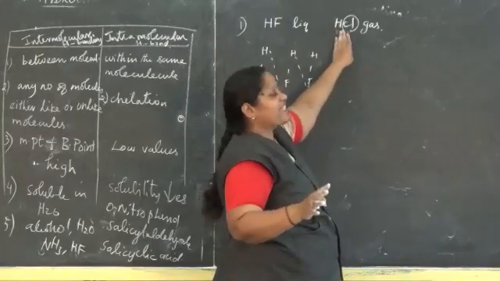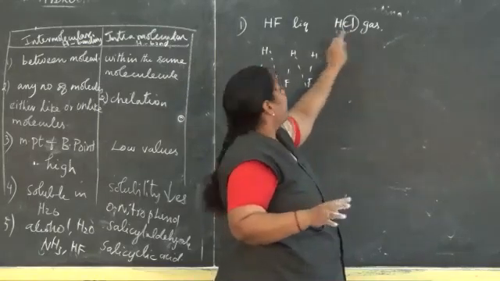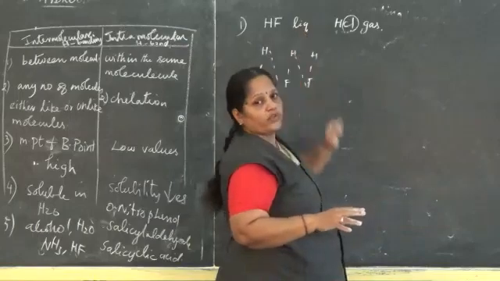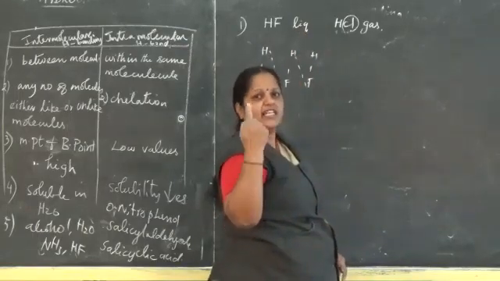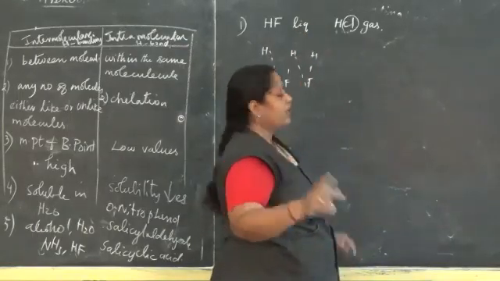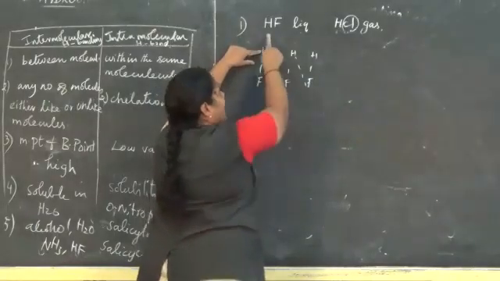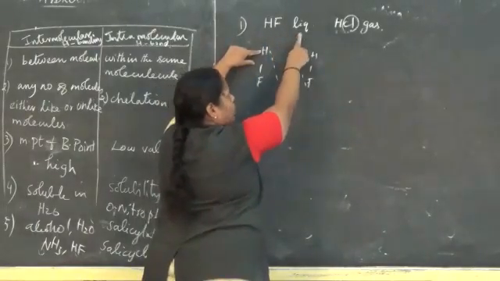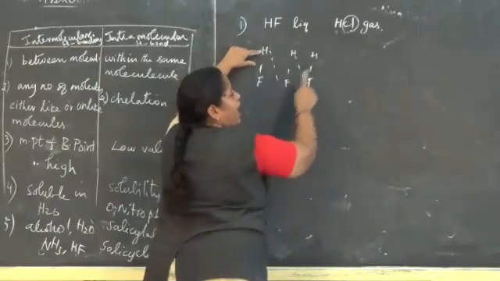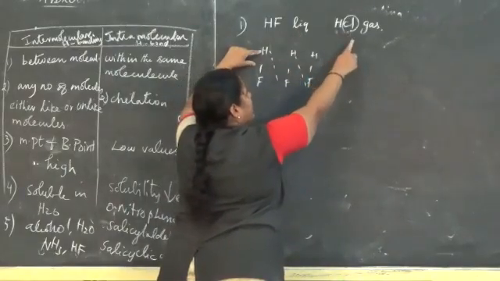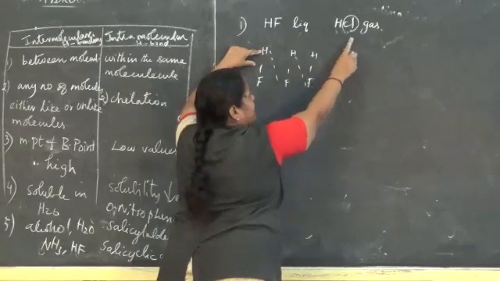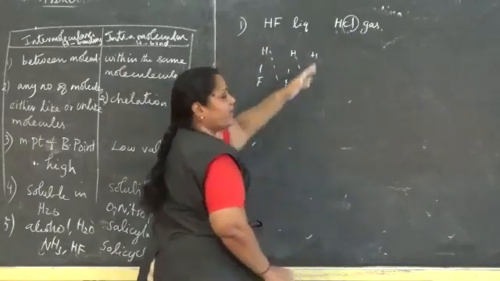That's why it exists in the form of gas, while HF exists in the form of liquid at room temperature. Single answer, you get 2 marks. Presence of intermolecular hydrogen bond in HF, it is present in the form of liquid, 1 mark. Absence of intermolecular hydrogen bond in HCl, it exists in the form of gas.